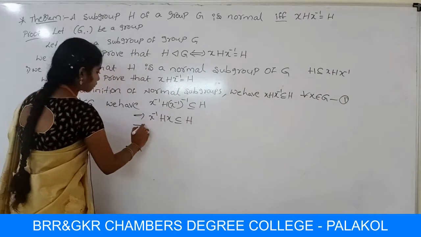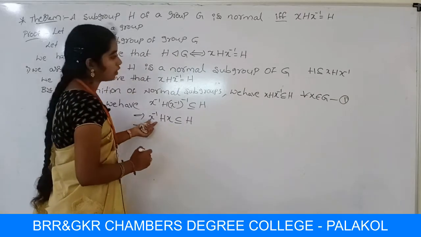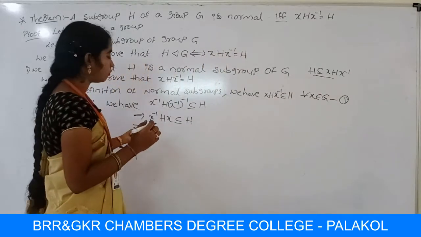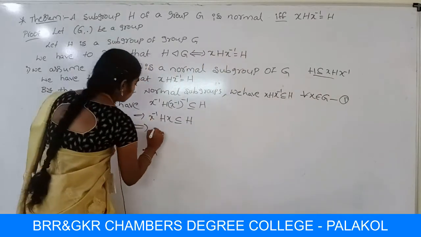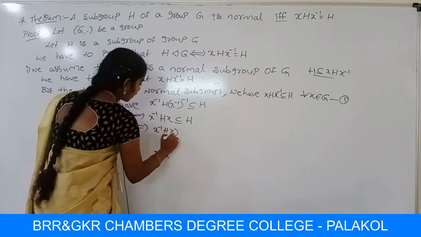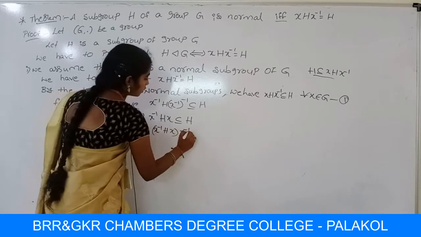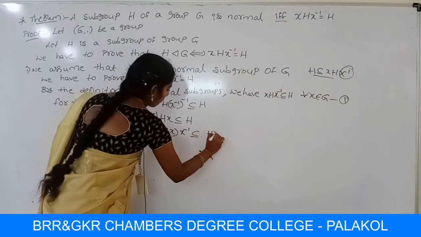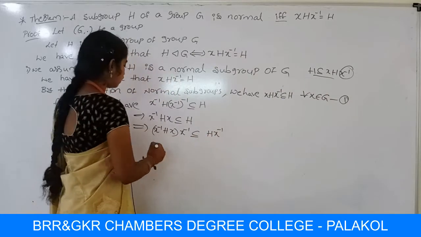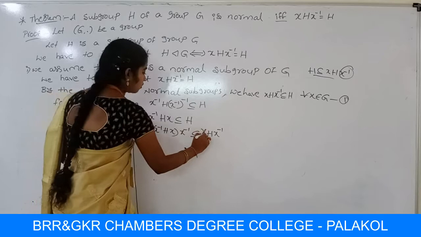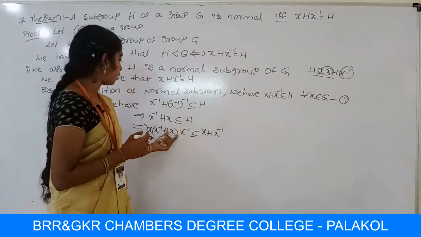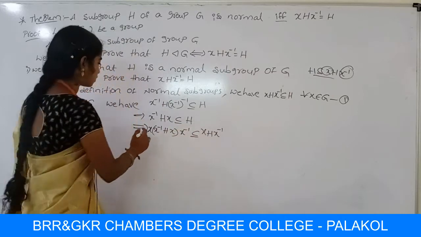So H contains XH X inverse. So multiply on the left side X and multiply on the right side X inverse.